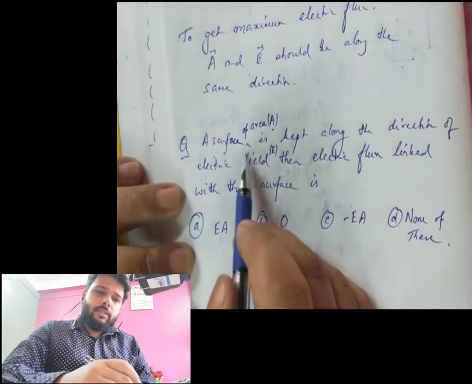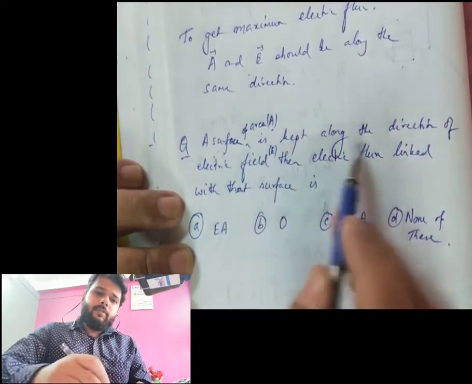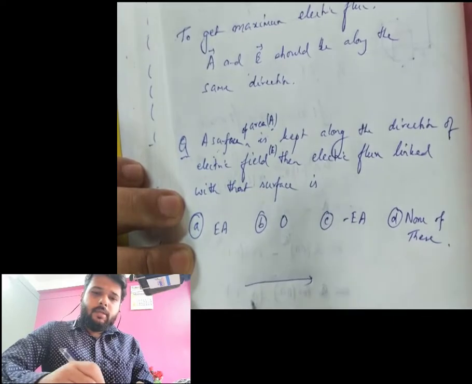So what they are saying is the surface is kept along the direction of the electric field, which means this is the electric field.